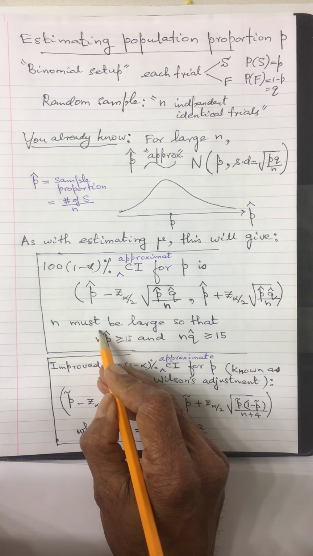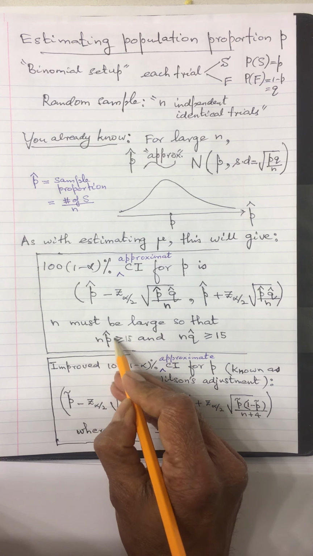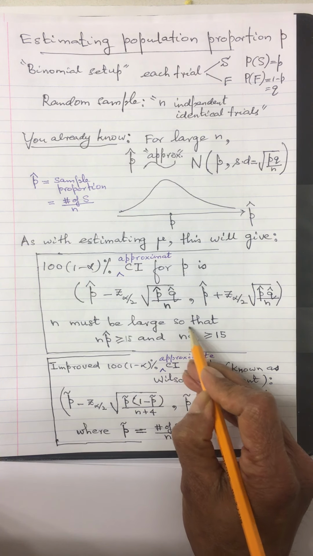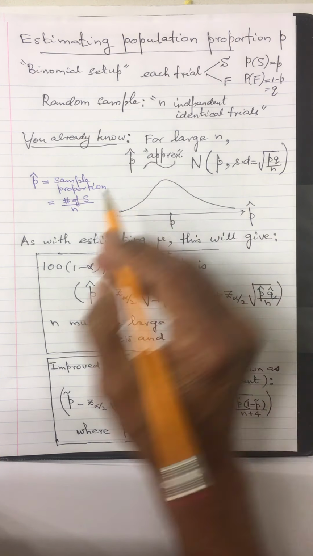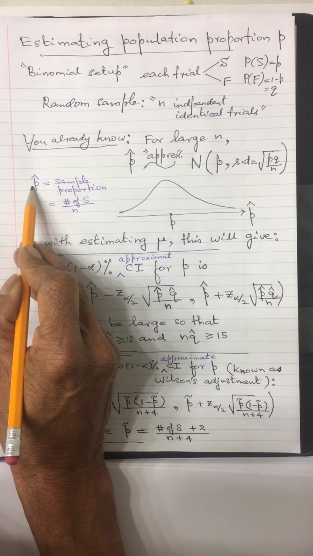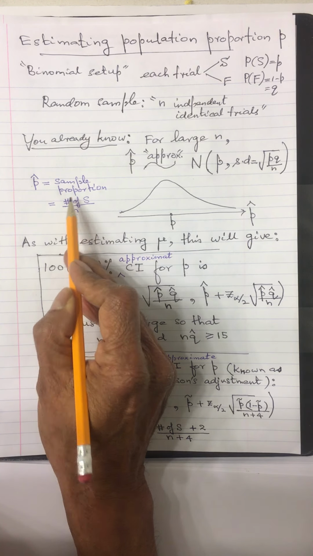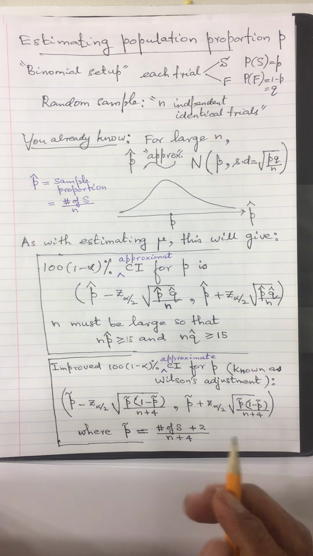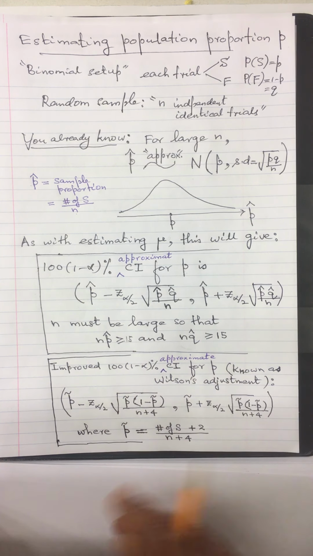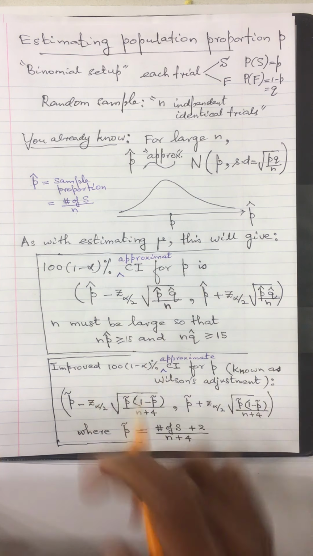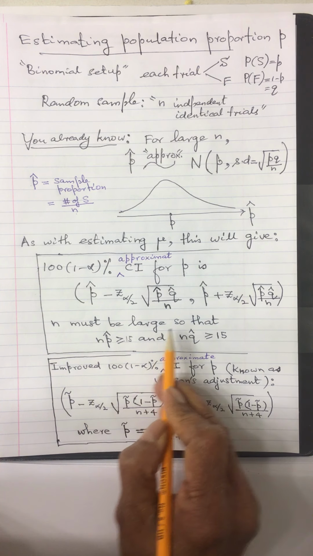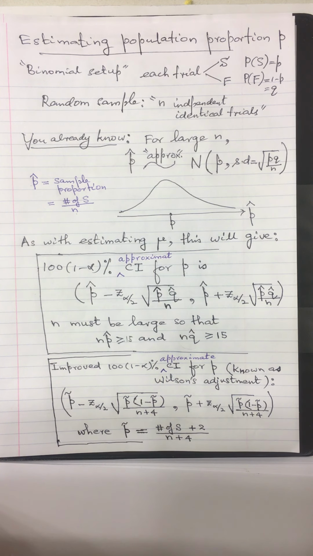In other words, n times p hat is the number of S in your sample, and n times q hat is the number of failures in your sample. Both values have to be greater than or equal to 15. That way n is big enough, so the condition is correct.